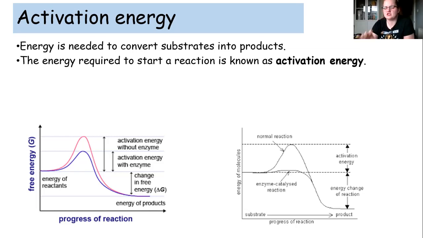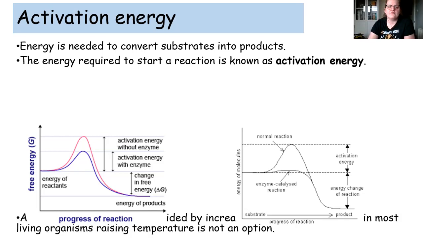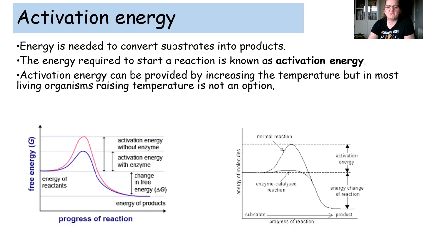Activation energy can be provided by increasing temperature, but in most living organisms, raising temperature is not an option. If we just raise the temperature in our bodies, we're just going to get hotter and hotter and hotter, and basically eventually cells would end up dehydrating, and organisms would end up dying. It just wouldn't work.